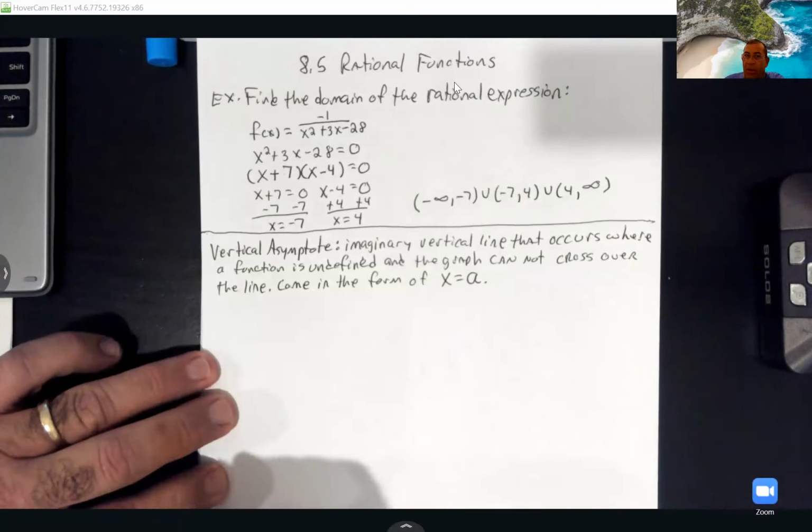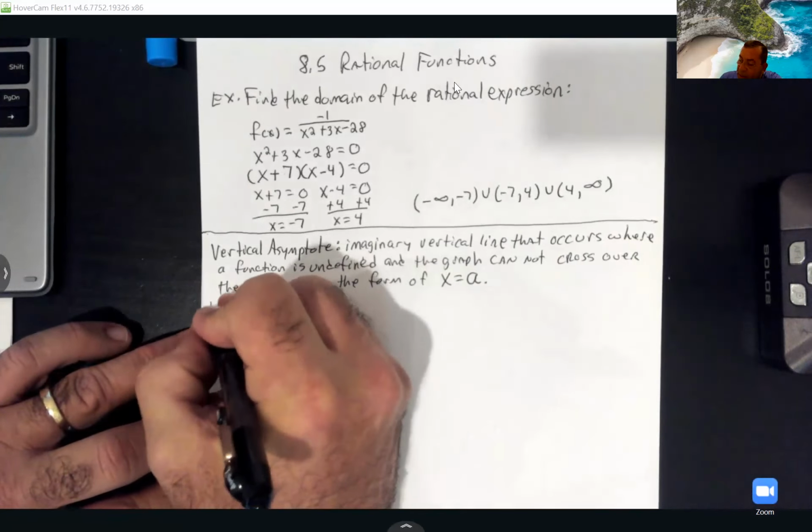Alrighty, y'all. So now we'll look at what we call horizontal asymptotes.